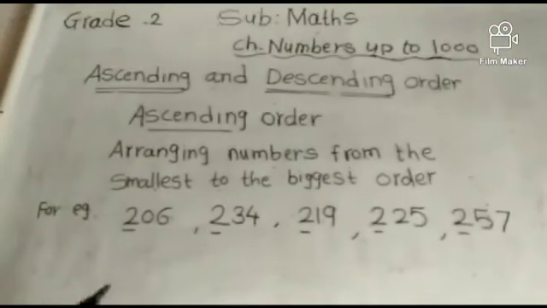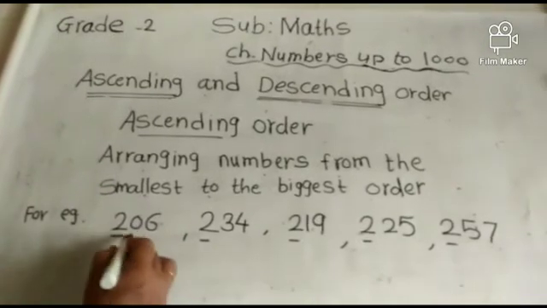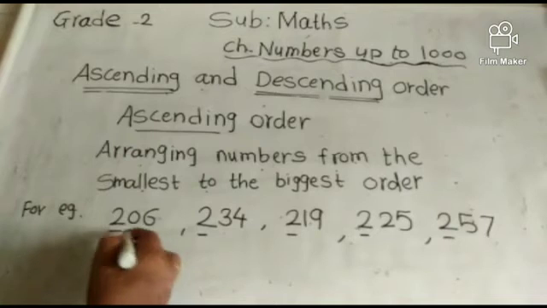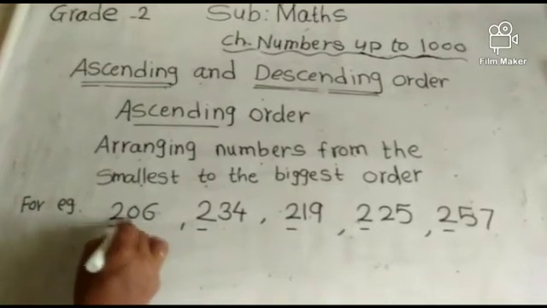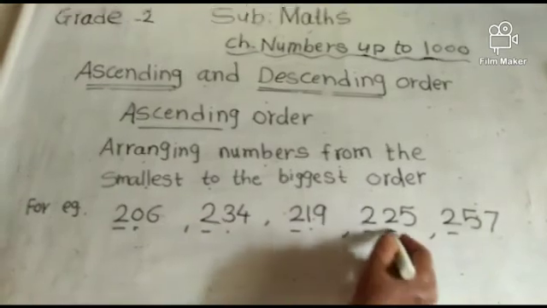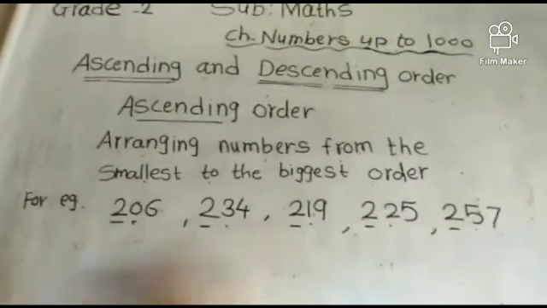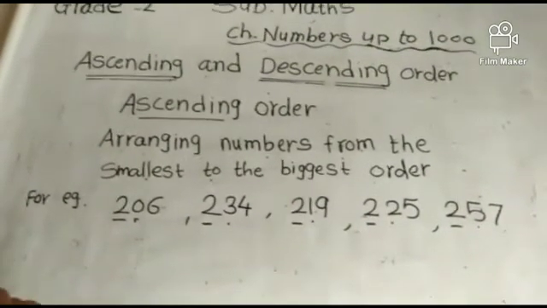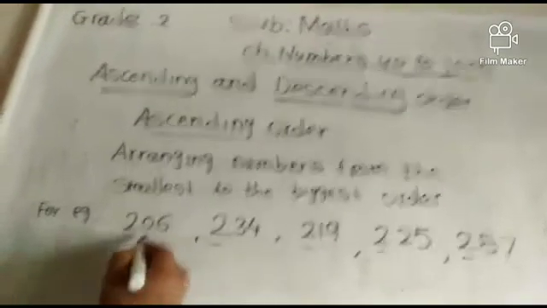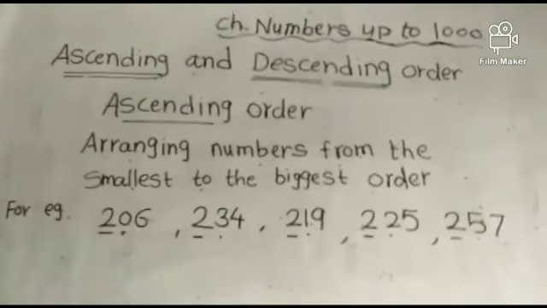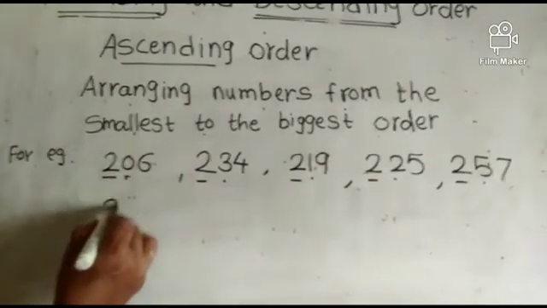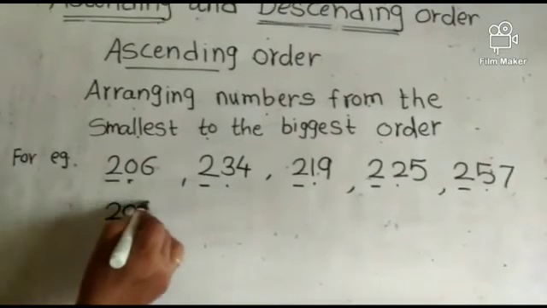So we have to go to tens place now for smallest number. Here tens place 0 tens. Here 3 tens. Here 1 tens. Here 2 tens. And here 5 tens. Now tell me which will be the small number, small tens. This 0 tens is small tens. So 206 is the smallest number.